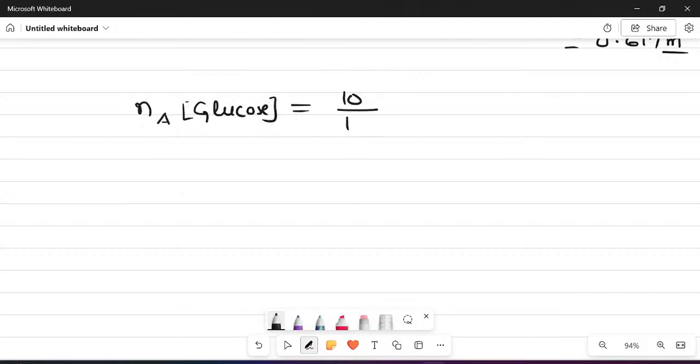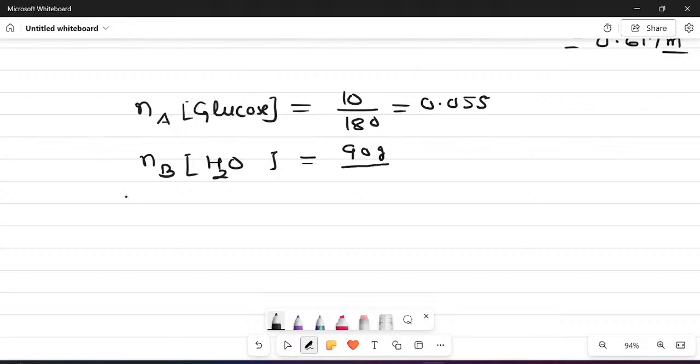Now number of moles of component A, that is glucose, is 10 divided by 180, and it was 0.055. Number of moles of solvent: mass of water was 90 gram, and gram molecular mass of water is 18, so it is 5 moles.